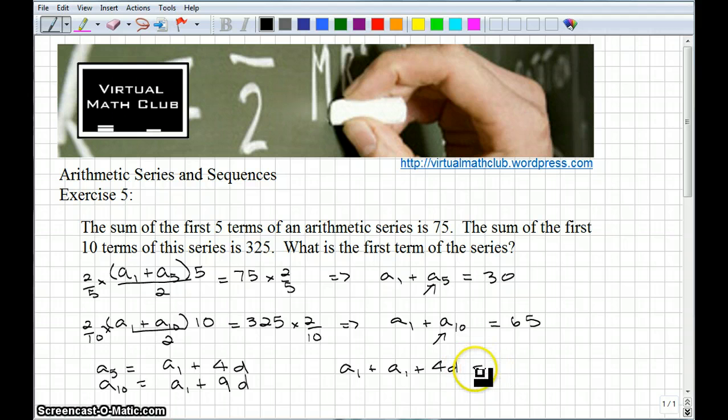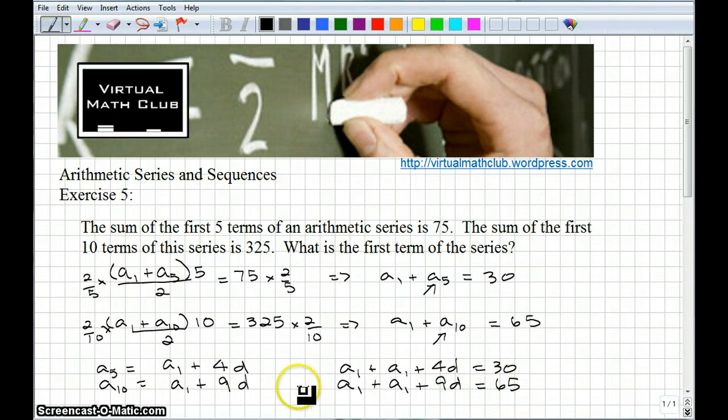That's equal to 30. You see what I did? Anywhere I had a5, I put a1 plus 4d because I know they're equal. And for a1 plus a10, wherever I see a10, I can say a1 plus 9d, and that's equal to 65.